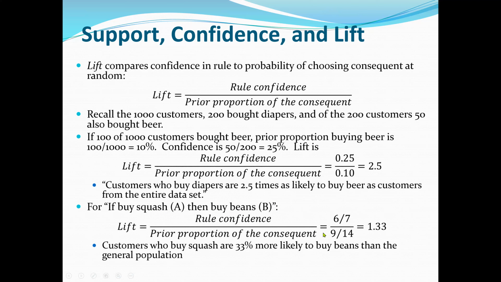So the proportion will be 9 by 14, and that gives us 1.33. So we can make our final interpretation of the lift: customers who buy squash are again 33% more likely to buy beans than the general population.